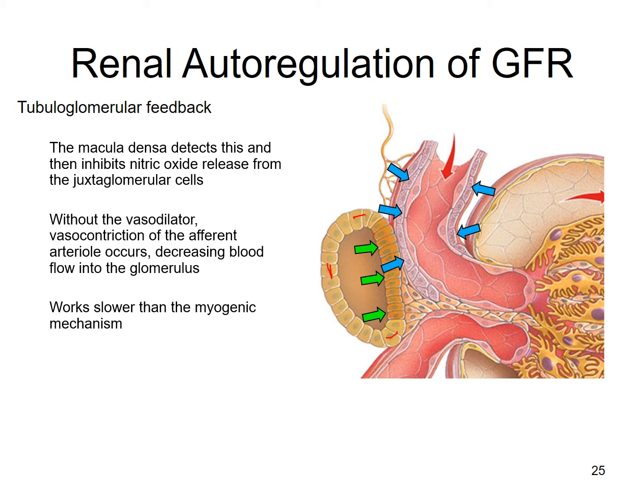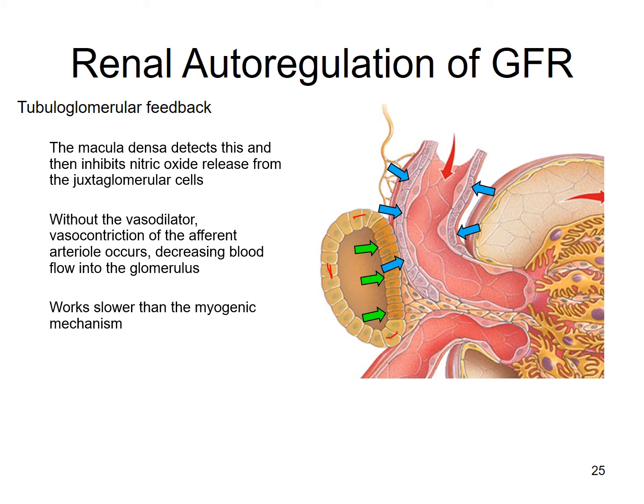So basically the mechanism works like this. If you have nitric oxide release from juxtaglomerular cells, then you're going to see dilation of that afferent arteriole, increased blood flow into the glomerulus, increased filtration rate.